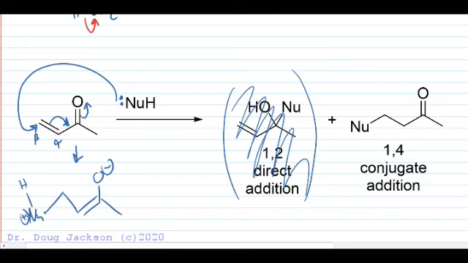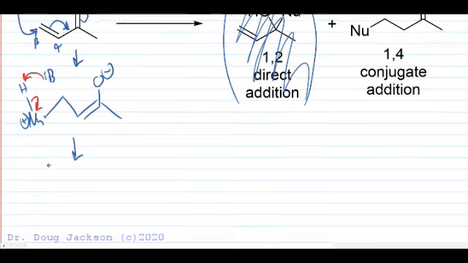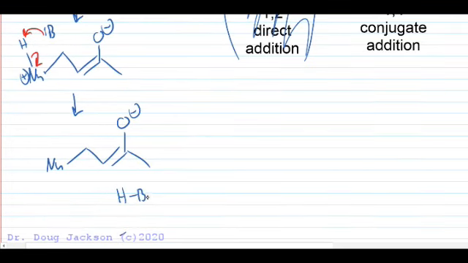Okay, so what we can do is show a base from solution removing that extra proton from the nucleophile. Our enolate's still hanging out here, and then we can show that protonated base from solution, just like we did before with the acidic proton of hydronium, but we've already got one here.